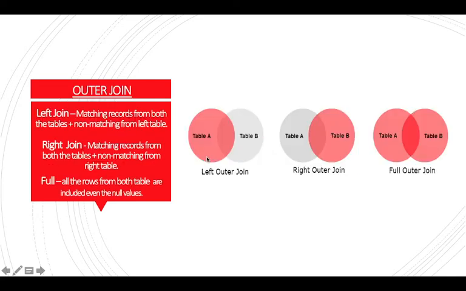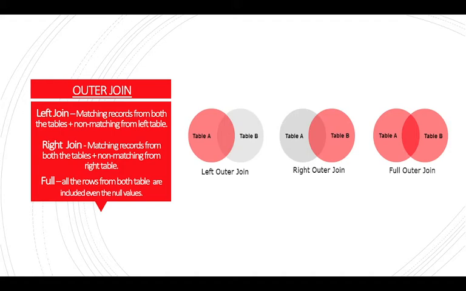Moving ahead, we have outer join. As I mentioned, there are three types of outer join. First is left outer join. As the name suggests, it will fetch me matching records from both the tables plus non-matching records from the left table.